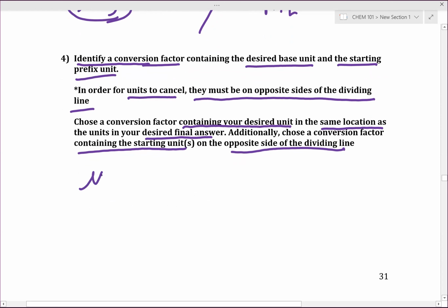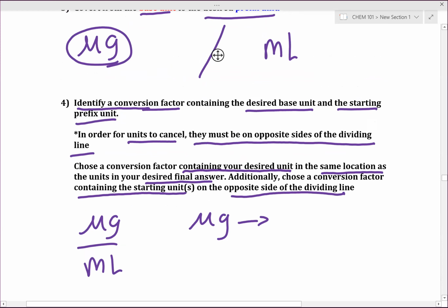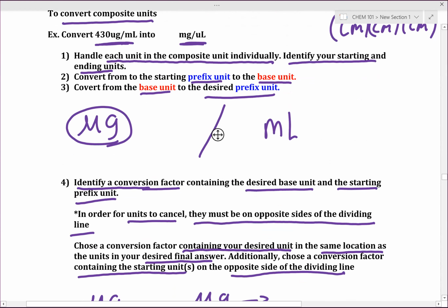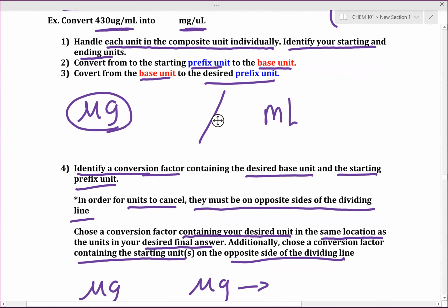So if we have microgram per milliliter, looking at the top, we're going to need to go from micrograms, and looking at the problem, what is our final end goal? We're going from microgram to what? Milligram. So we're going from microgram to milligram.